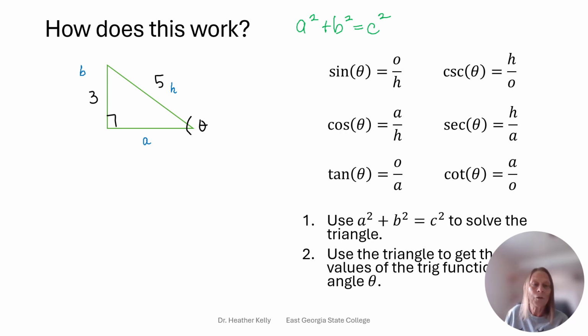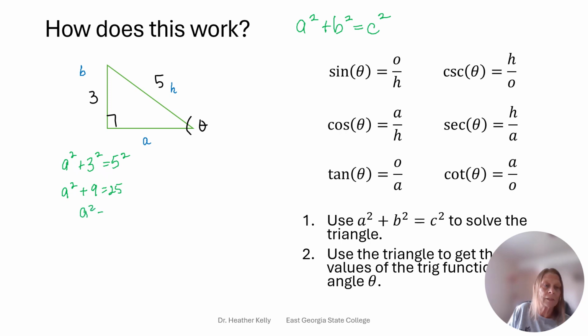Okay, so the first thing we can do is solve this triangle, and we can solve the triangle by using the Pythagorean theorem here. And so we have a squared plus 3 squared is equal to 5 squared, and we can just do this. A squared plus 9 is equal to 25.